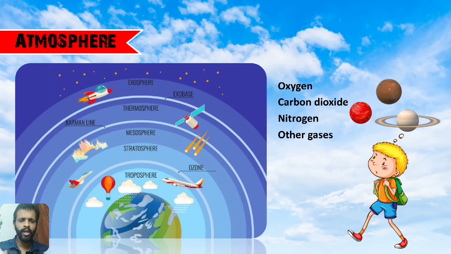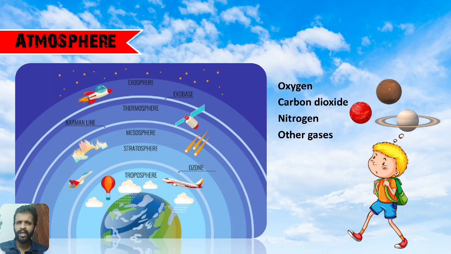For your practice, or to find out a little more information, I would want you to find out what is the percentage of oxygen, carbon dioxide, nitrogen in the atmosphere. That's one. And second, how does the amount of gas change based on distance? As you go from the surface of the earth higher up, how does the percentage of these gases change?